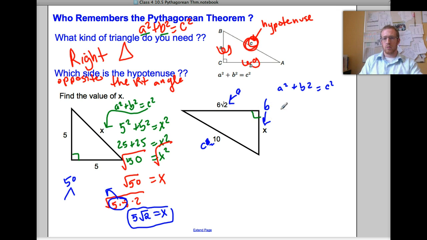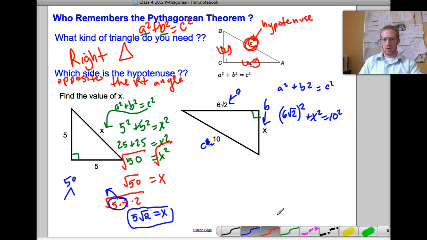It doesn't matter which one I call which, just as long as they're on the left and the hypotenuse is on the right. So I have 6 root 2 squared. Now not just squared like that, but the whole thing is squared. Alright, that's crucial. So make sure you square the whole thing. Plus x squared equals 10 squared.